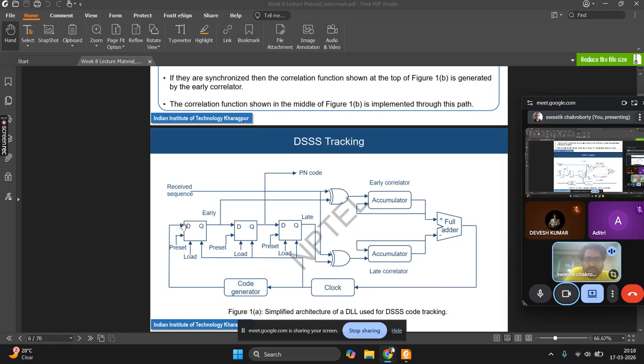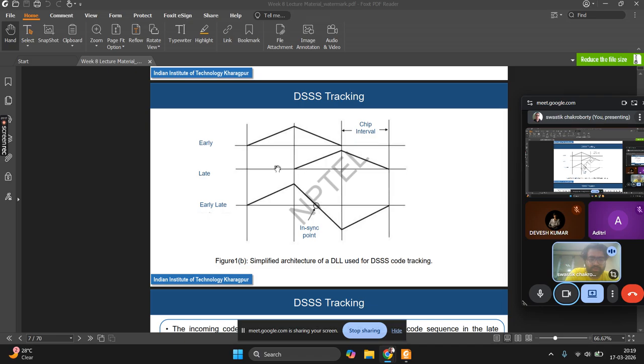So in early late tracking, you pass the code through an early generator, early flip flop, then you pass through a middle flip flop, then you pass through a late flip flop. Now you do a XOR of the early flip flop, you do a XOR of the late flip flop, and you accumulate those XOR values, and finally you do a subtraction of the correlation of the early and late, and you will get a particular point where it will cross zero.